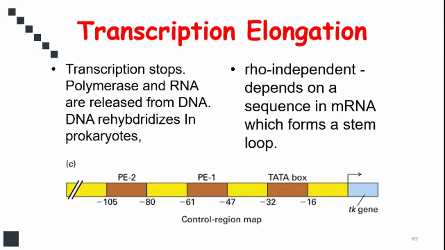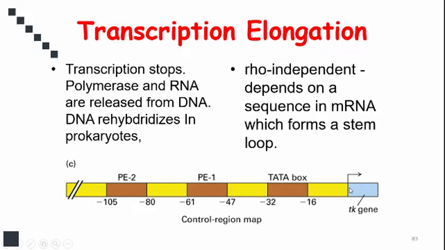Now, one of the things we need to appreciate is the fact that when we look at the control region of the gene, there are quite a number of things. There is the promoter, there is a TATA box. The TATA box is actually 32 upstream.